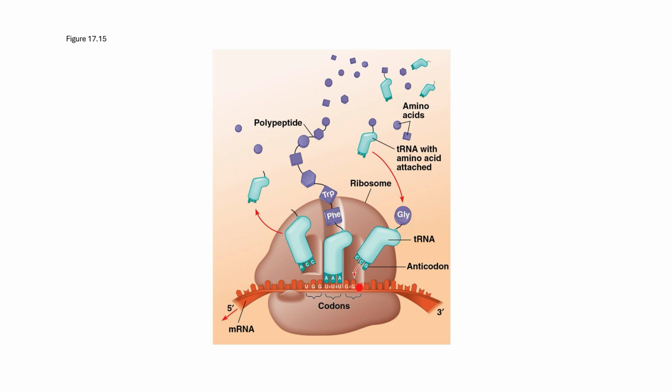It will recognize and bind to the codon of the mRNA, and it will deposit the amino acid to the growing polypeptide chain to allow for the mRNA to be translated into protein.